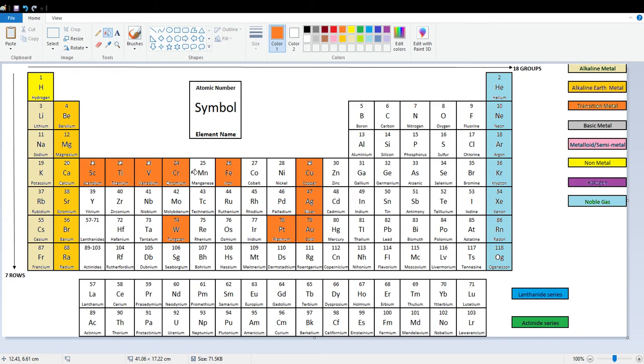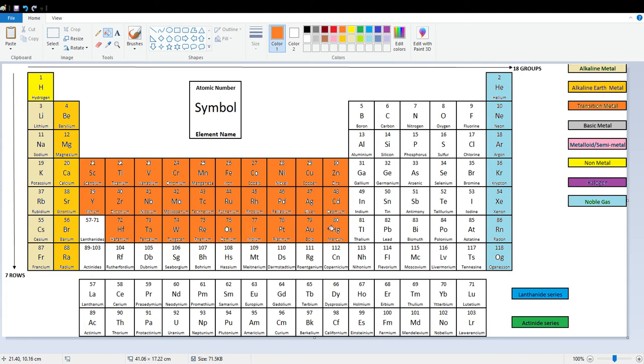These transition metal elements are good heat and also good electricity conductors. All the transition metal elements exist as solid at room temperature, except for mercury, which is in liquid state at room temperature.